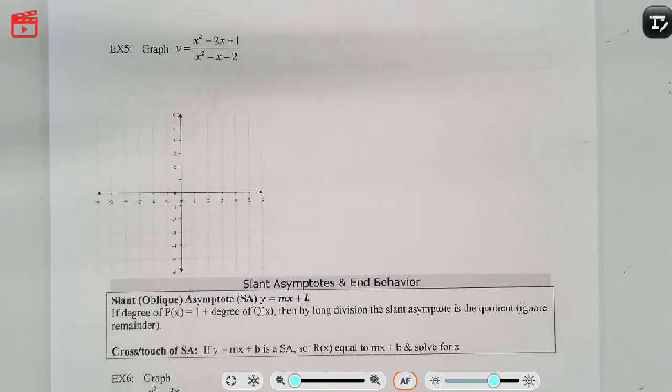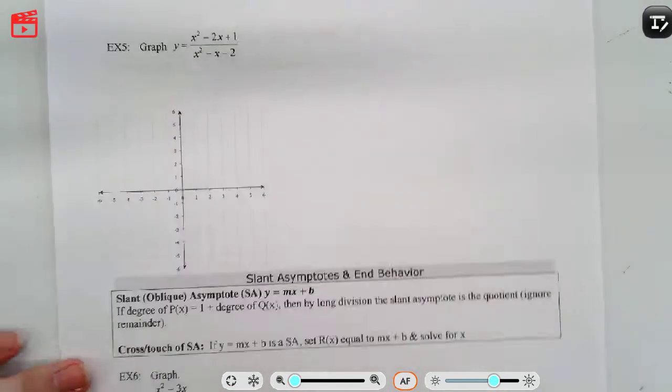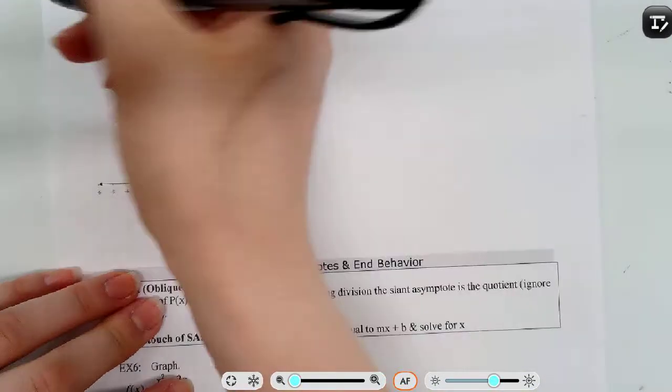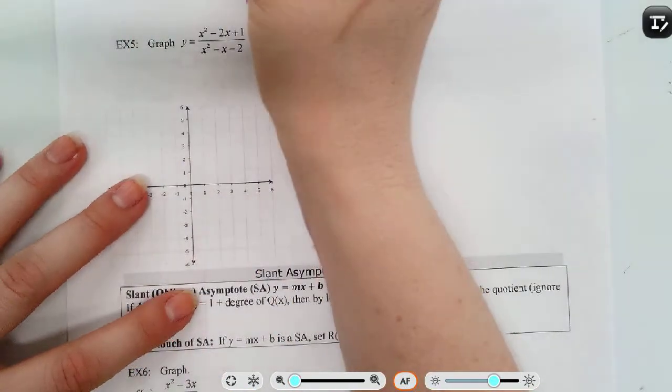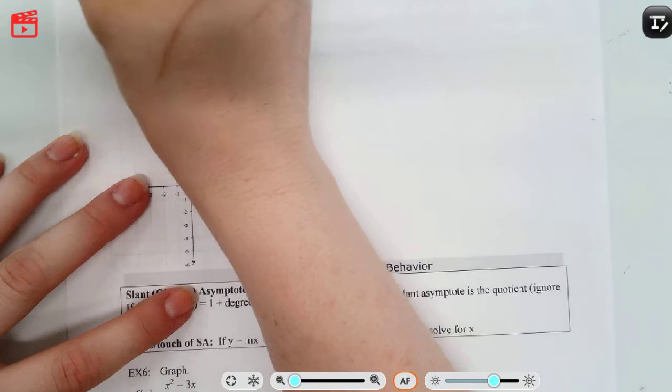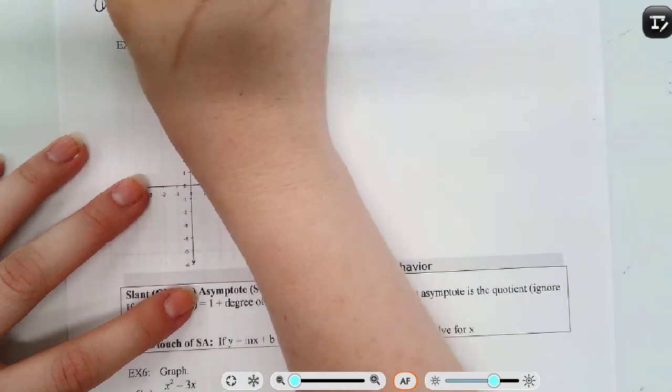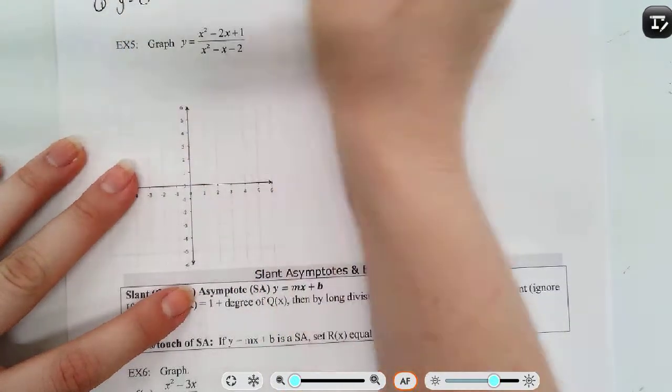All right, so first things first. Let's find that domain. So we're going to factor everything, top and bottom. So y is going to equal the factored top and bottom.